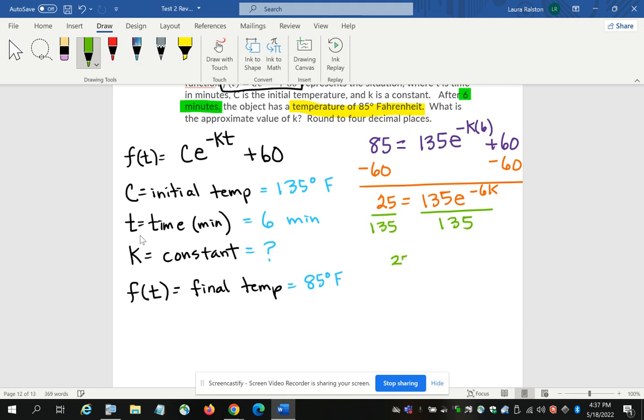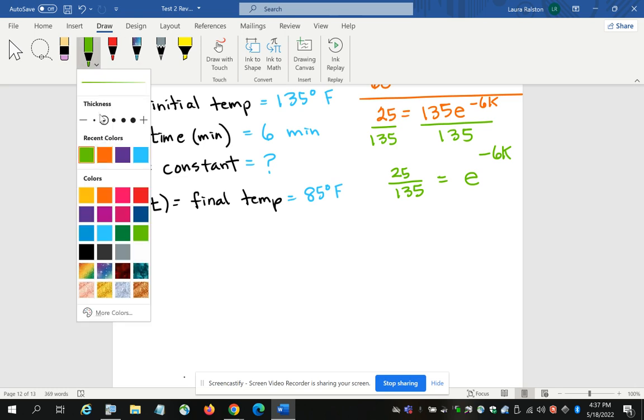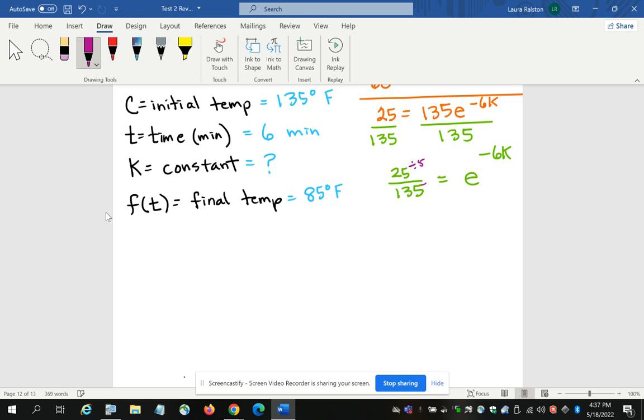So I have 25 over 135 equals e to the negative 6k. Now I could simplify that fraction a little bit since both those numbers divide by 5. I can divide by 5, divide by 5. So we get 5 over 27 equals e to the negative 6k.